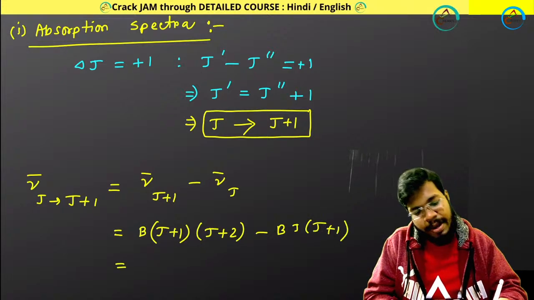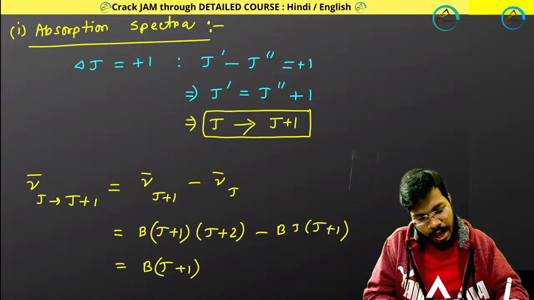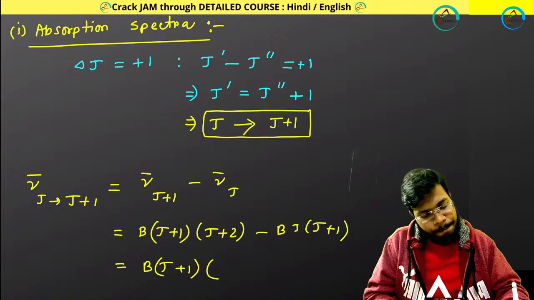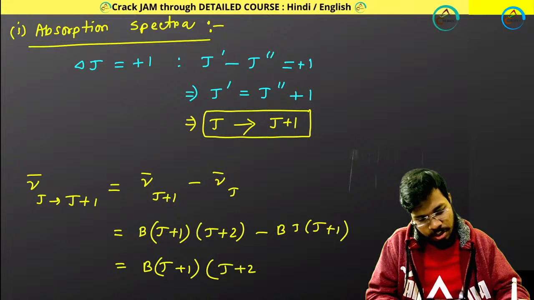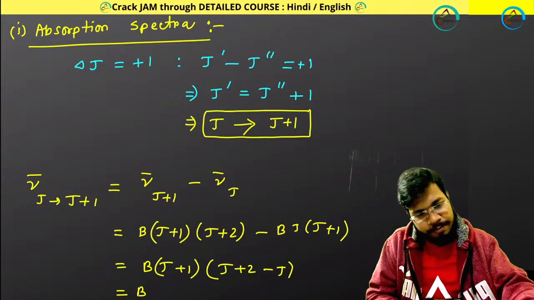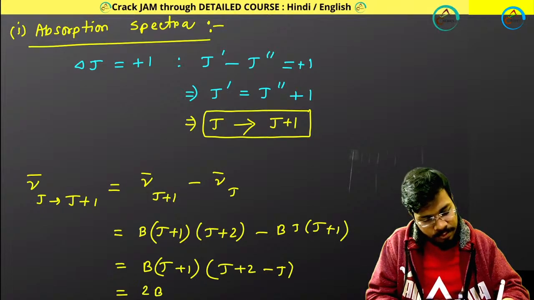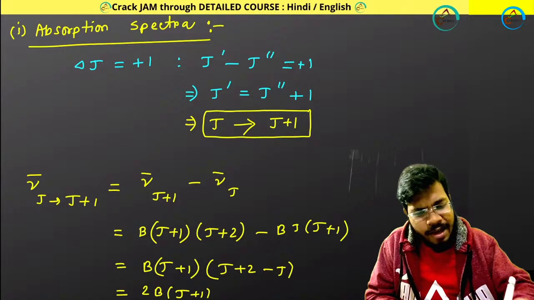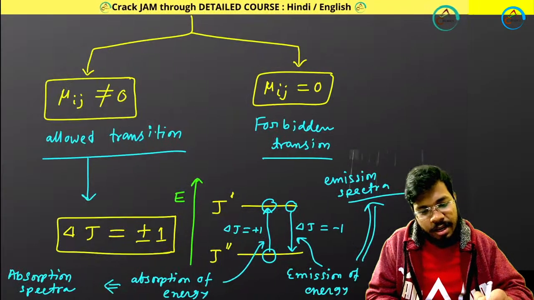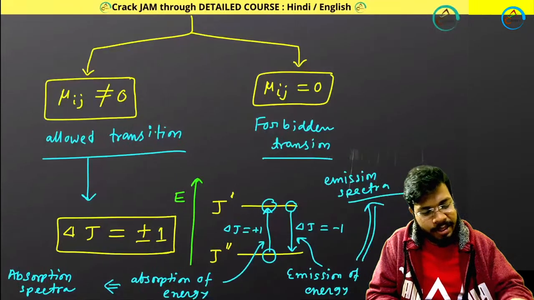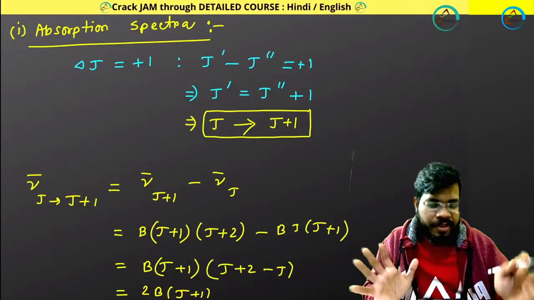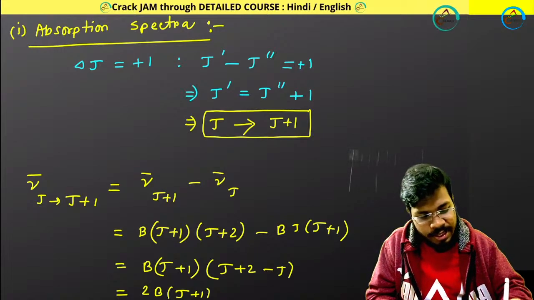From here you will be getting B(J+1) times (J+2) minus J. That means 2B(J+1), and that is the value we got initially, the energy difference value. Same value I am getting, and that I should get. That means the calculation is perfect. This will be in centimeter inverse.